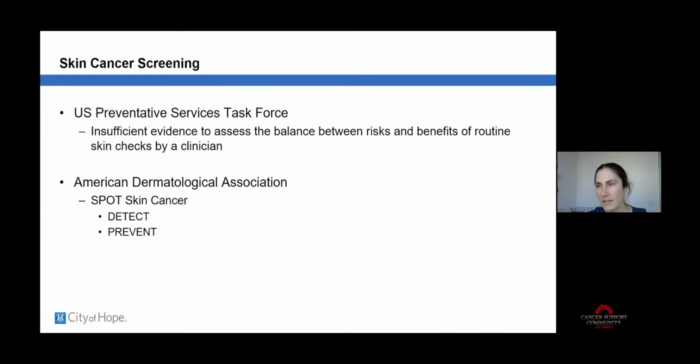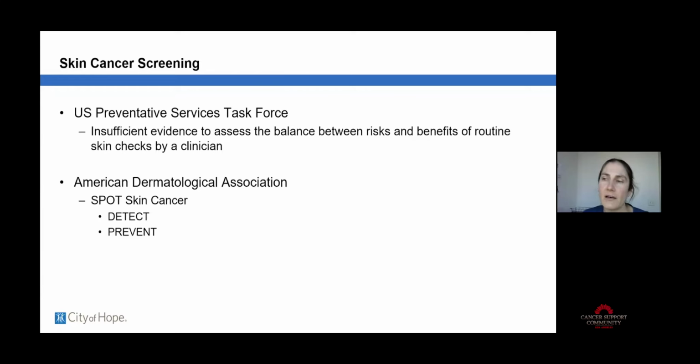That said, the American Dermatological Association does not have a specific recommendation that you should get a mole check every year or more frequently. But if you do have a prior cancer, certainly you should be continuing to get skin checks and monitoring for any additional cancers that may show up, because you would be at higher risk for having additional ones.